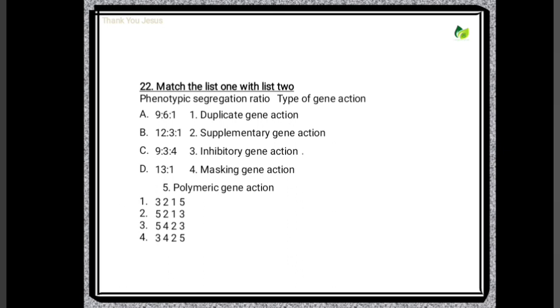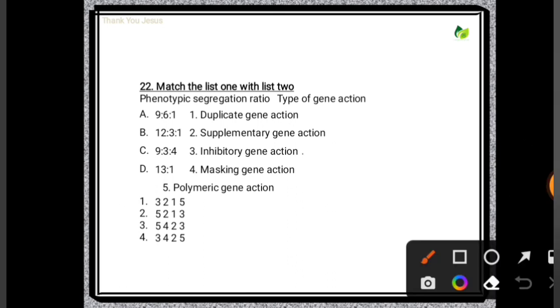Let's see the next question. So here we have to match list 1 with list 2. Okay. So list 1: 9:6:1 belongs to polymeric gene action.